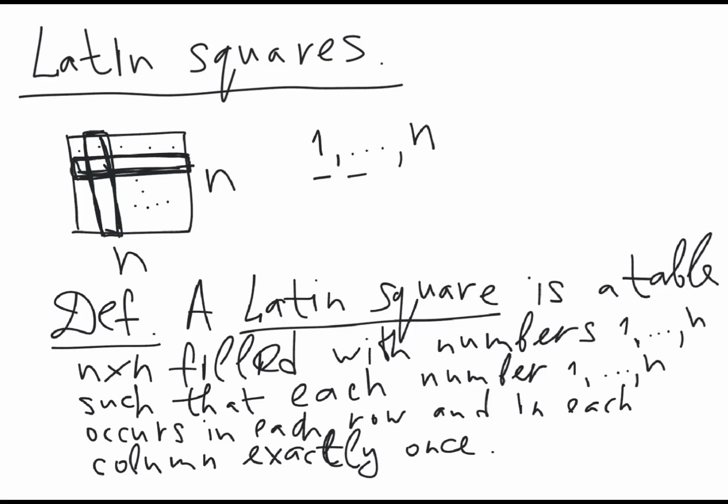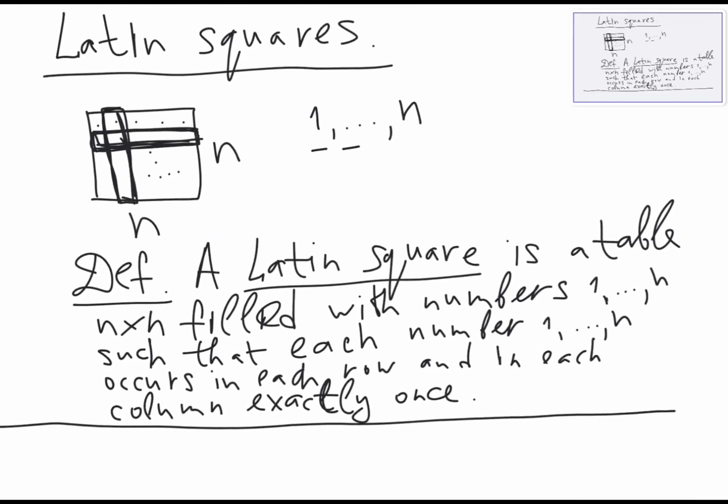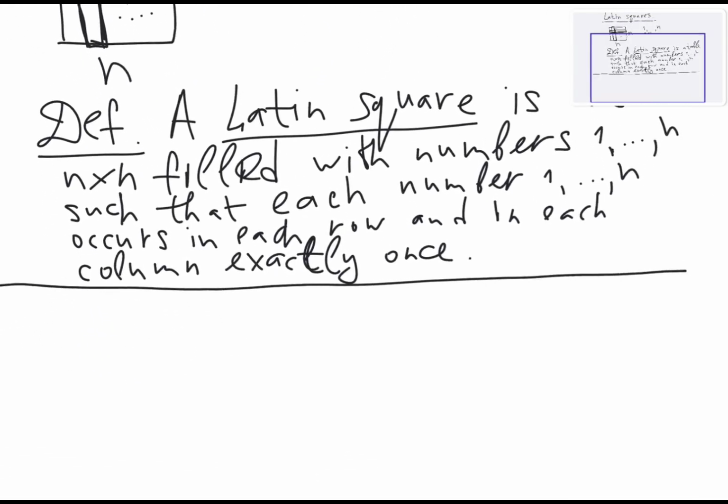Or another way to put it is that each row and each column contains exactly one occurrence of each number. Yeah, so that's the definition.